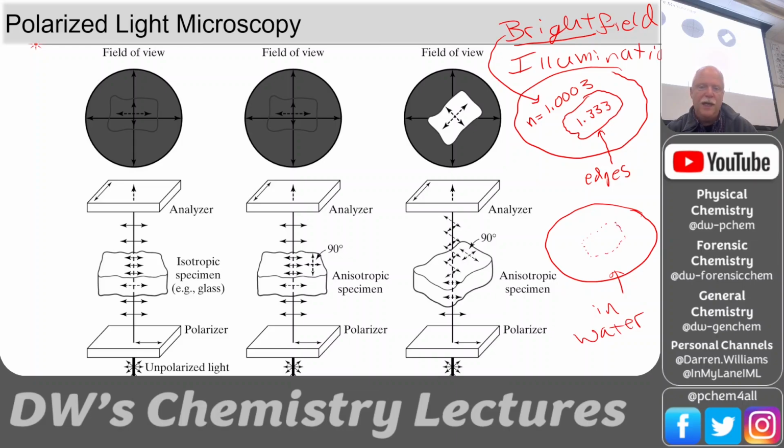We might see a little hint that there's an edge there, but if it's a perfect match, so N equals 1.333 and N equals 1.333, the edges disappear. And so you can use this technique. That's why we have this little kit of all these different refractive index oils.